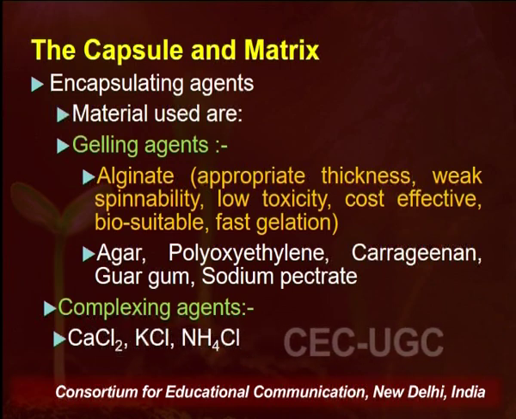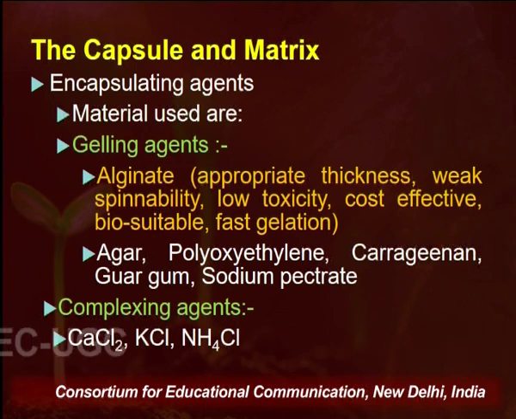Spinnability is a property by which the gelling agent, when exposed to pressure and allowed to pass through a narrow orifice, will form a filamentous structure. This formation of filamentous structure is not desirable in the case of synthetic seeds. Therefore, the agent used to encapsulate the explant material should always have low spinnability, which will allow the gelling agent to form suitable size beads.